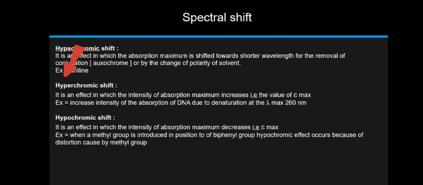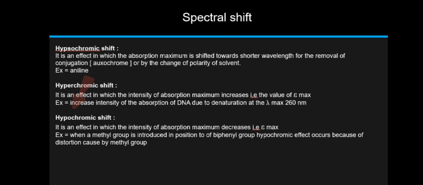Hyperchromic shift. It is an effect in which the intensity of absorption maximum increases, that is the value of Emax increases. Example: increase in intensity of absorption of DNA due to denaturation at the lambda max of 260 nanometer. Fourth, hypochromic shift.